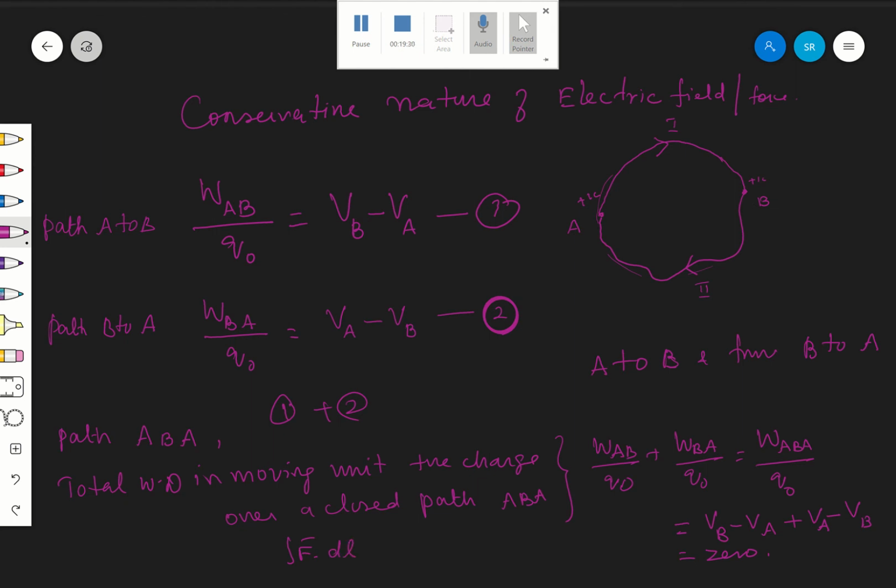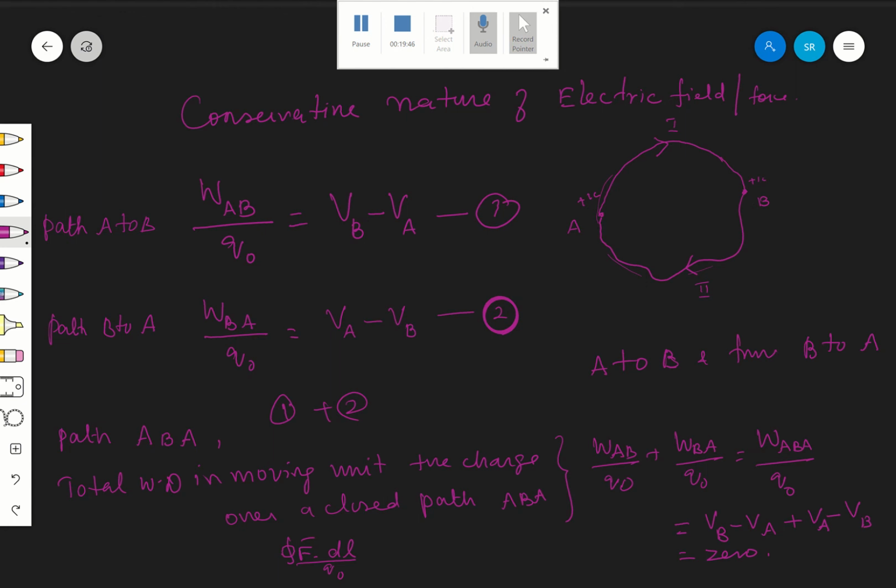Already we have seen W, from A to B and B to A, for work done. This is F dot dl per unit charge, divided by Q naught, over a closed path.